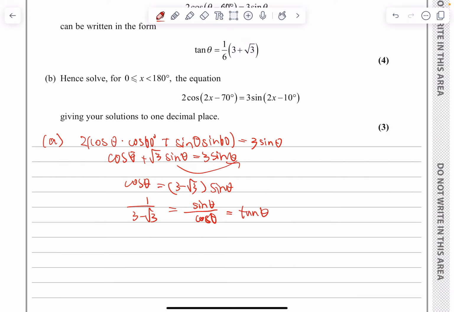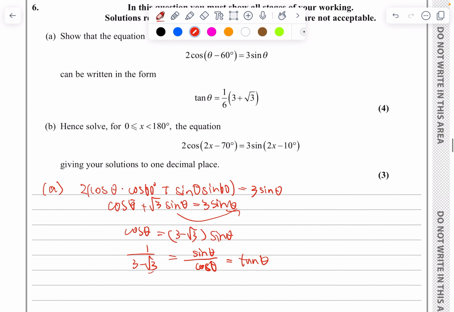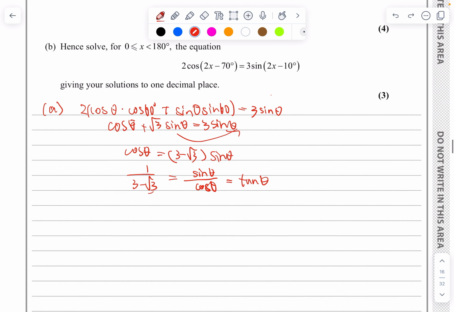What I did was I moved this part to the left, and then I moved cosine theta to the right, if that makes sense. And this part right here, how do we turn it into this beautiful stuff?